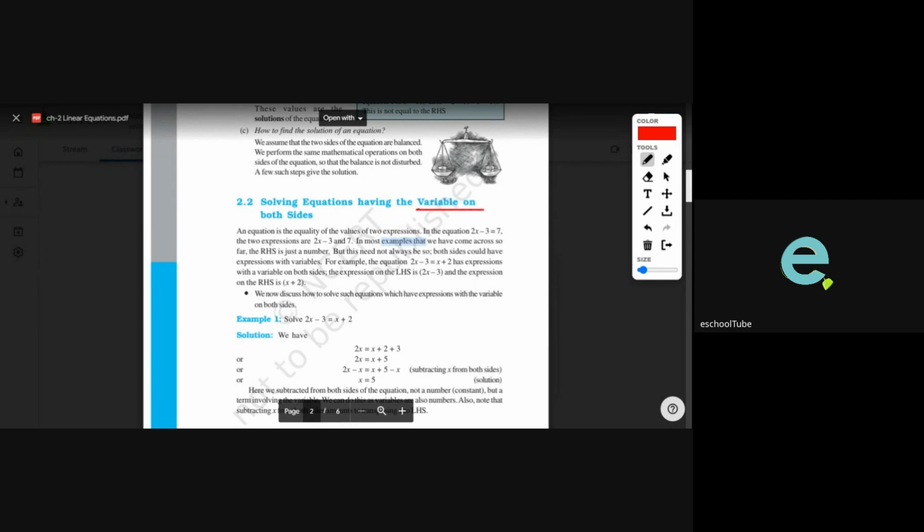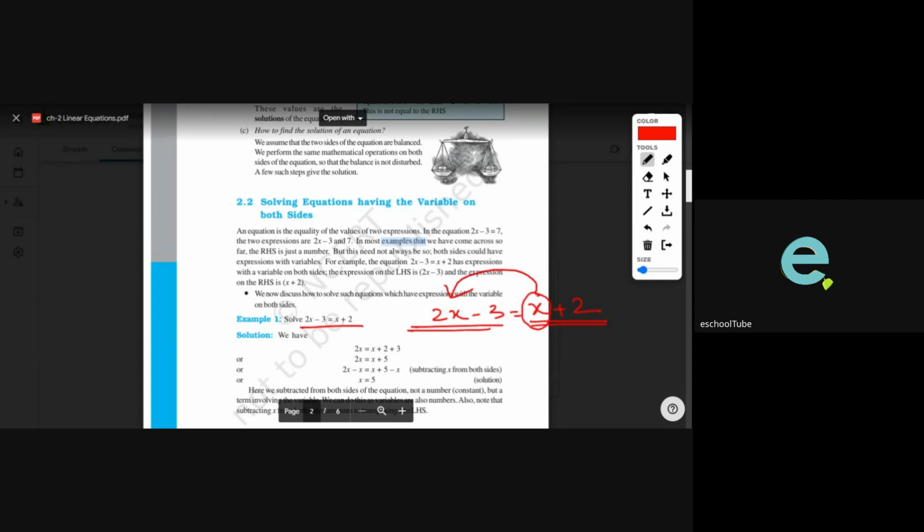Now the variable can be on one side or both the sides. For example, this equation 2x minus 3 is equal to x plus 2. Now here the variable is on the right side as well as on the left side. So what you should do, bring the variable on one side. So this x means 1x. You bring it here.